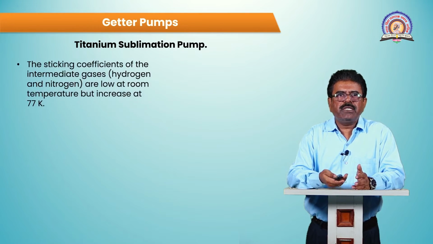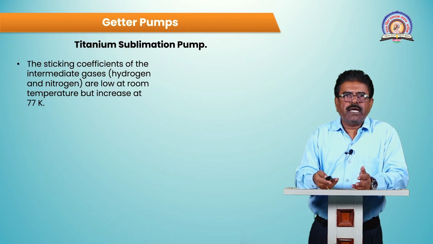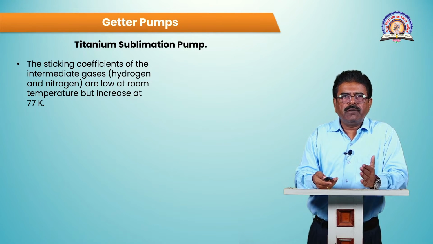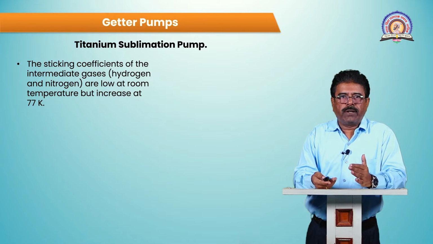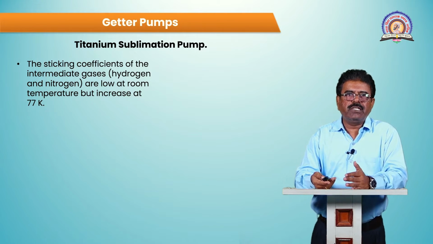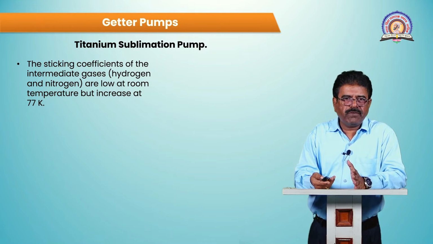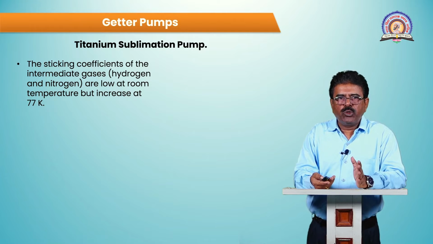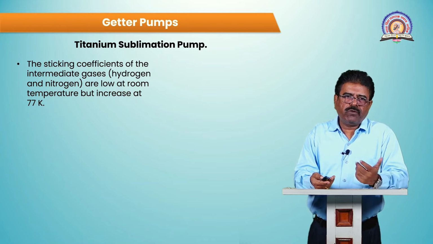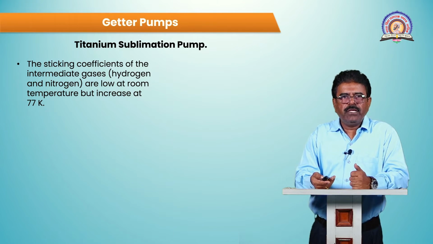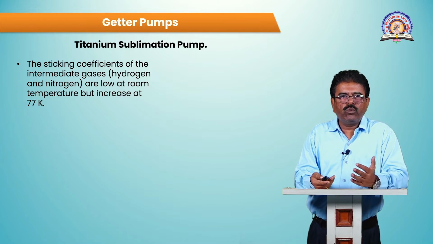The second group, that is the intermediate type of gas species. Intermediate gas species means the gases where the sticking coefficient is slightly lower, an intermediate value. So we need to cool the getter surface to a lower temperature of the order of 77 degrees Kelvin, so that the sticking coefficient will improve.